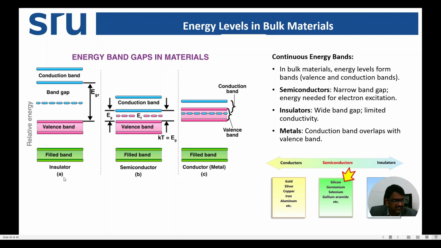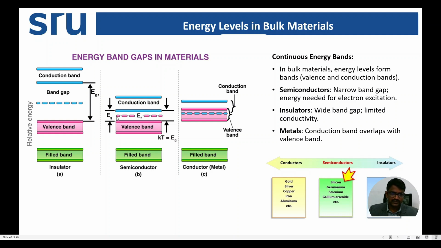Here you can see insulators, semiconductors, conductors. In insulators, this is the filled band in every material. This is the valence band and conduction band. The gap between valence band and conduction band is known as the band gap.